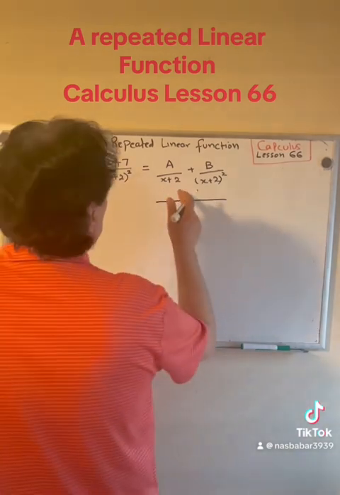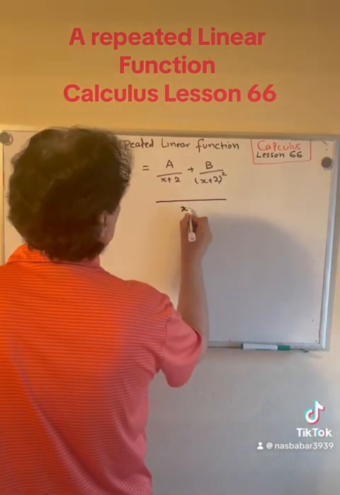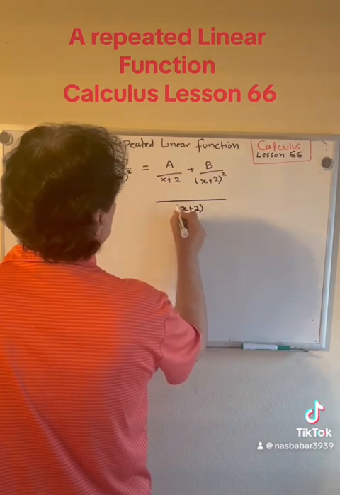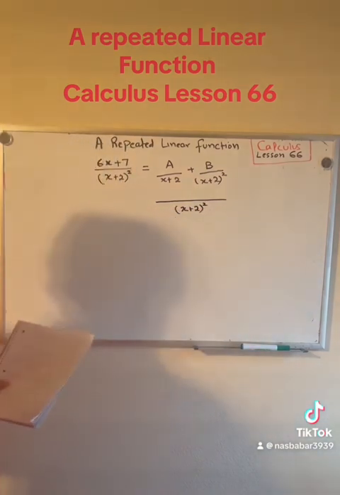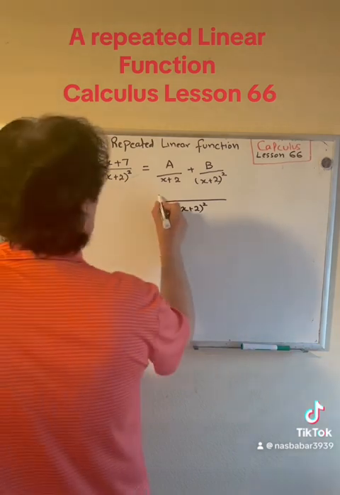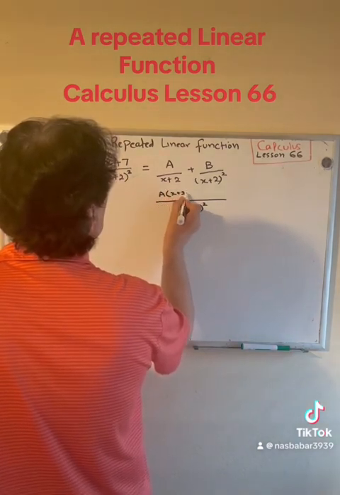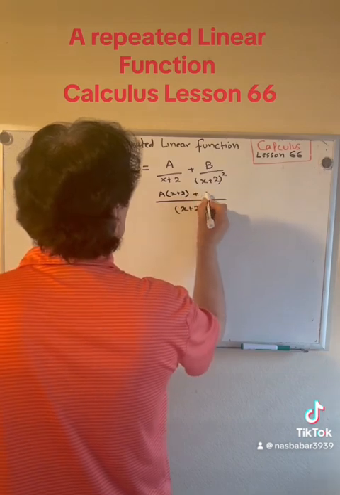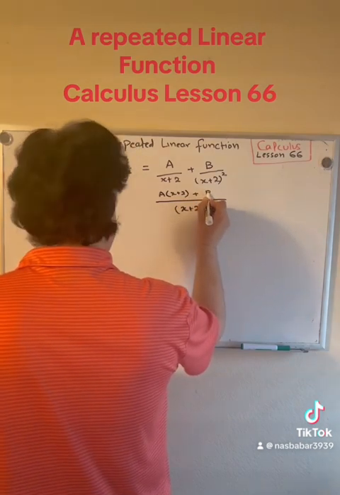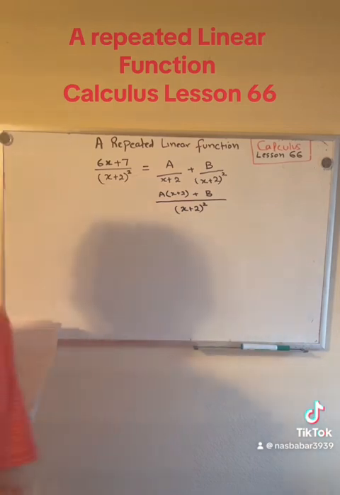You put the (x plus 2) square here, then this becomes a into (x plus 2), and this becomes just b.